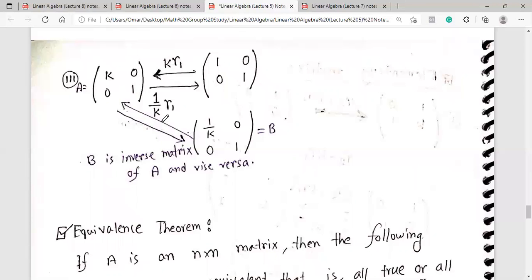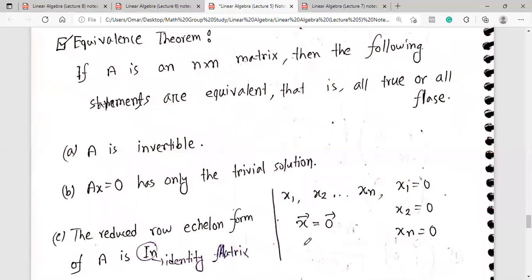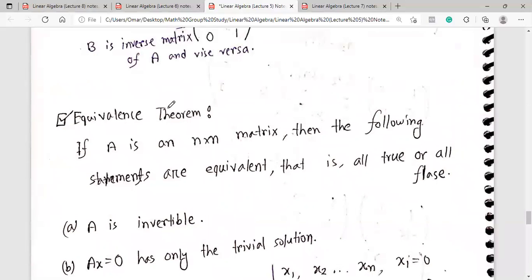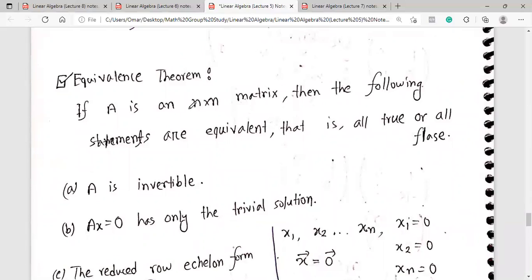So let's see some more examples, some more theory. Equivalence theory.